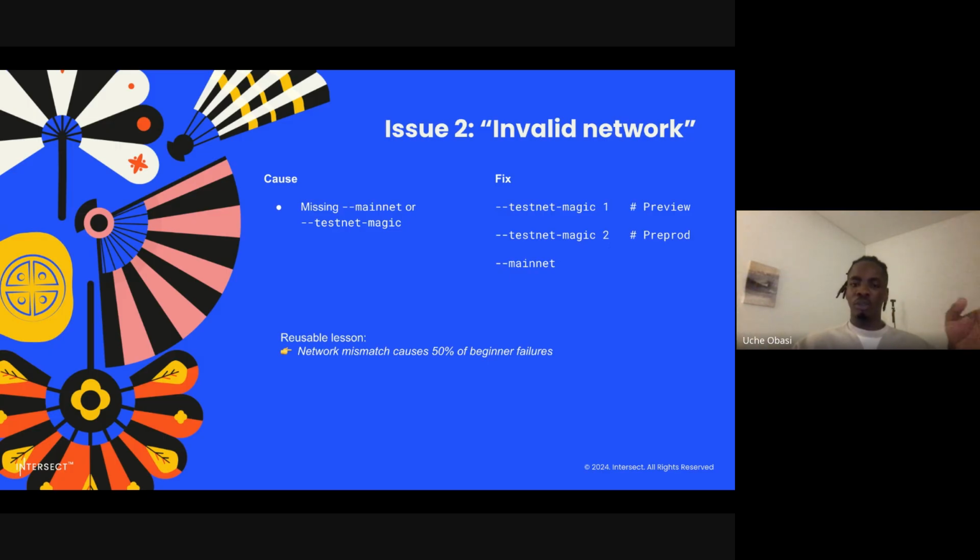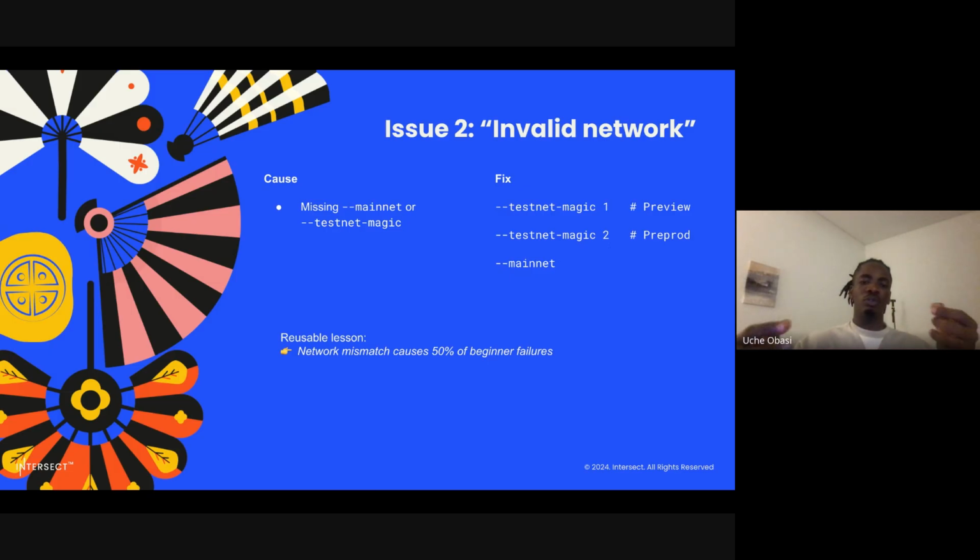Something to have in mind is that network mismatch causes 50% of beginner failures. If a particular wallet is supposed to run on mainnet but you deployed on testnet, it's not going to work.